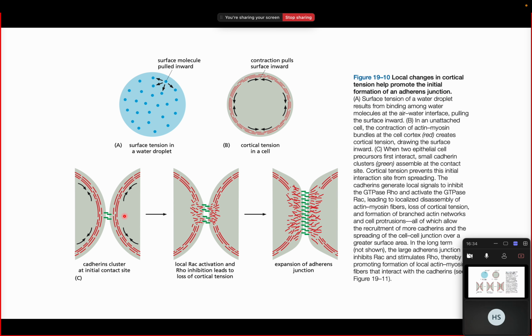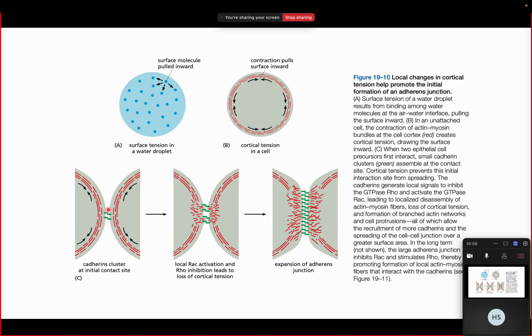Now when we talk about the formation of adherens junctions, for example here, these are two epithelial cell precursors that first interact, small cadherin clusters. These are very small cadherin molecules, and if we talk about classical cadherin molecules, they will have a homotypic type of connection, okay, homophilic.